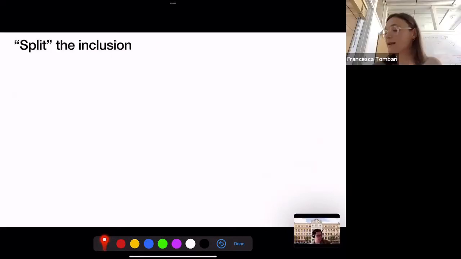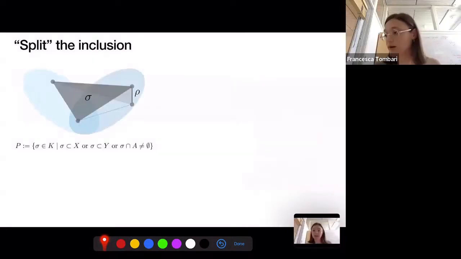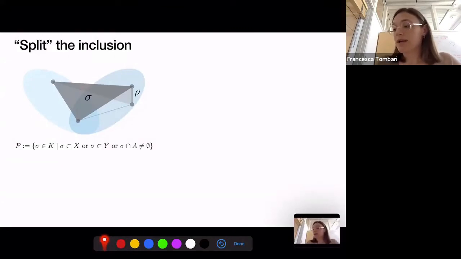All right. One more ingredient to this story is this collection P of simplices of K. This collection is formed by all these simplices that have vertices either entirely contained in X, so imagine this to be X, or entirely contained in Y, this is Y, or intersecting their intersection.